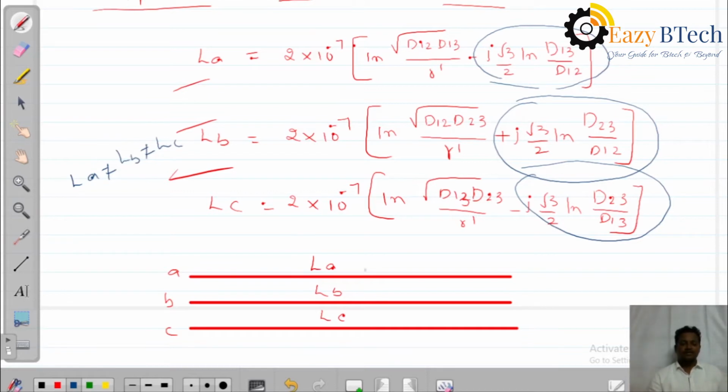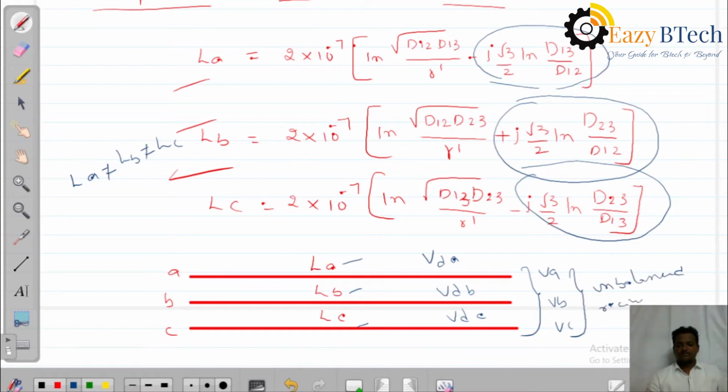If inductances are not the same, then the voltage drop is not the same. The voltage drop in A, in B and in C is different. Therefore, at the receiving end, the voltages VA, VB, VC are not balanced. We receive an unbalanced receiving end voltage.